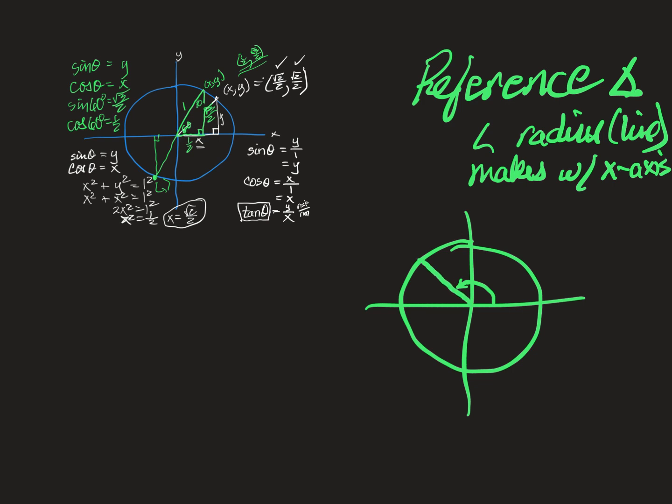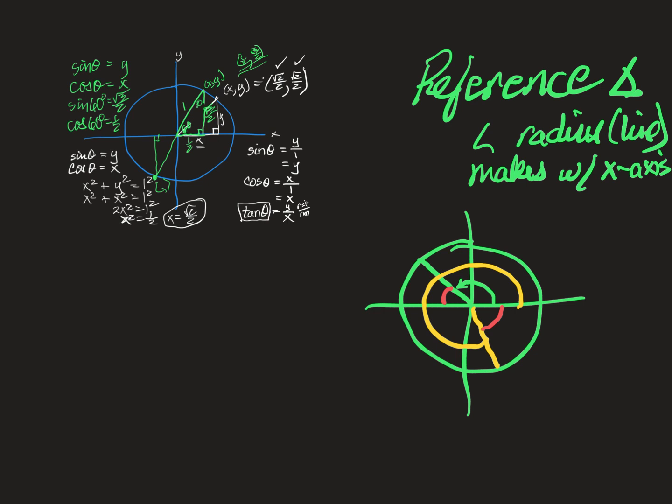So this angle's bigger than 90 degrees, okay? But its reference angle is the angle it makes with the x-axis, okay? If I have another angle right here, all the way in the fourth quadrant, then its reference angle is the angle it makes with the x-axis.